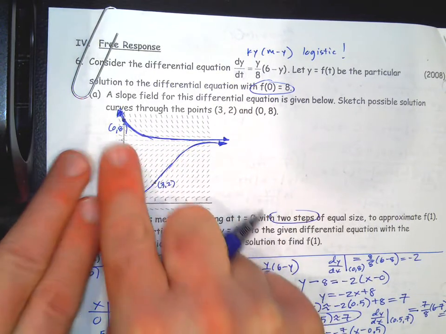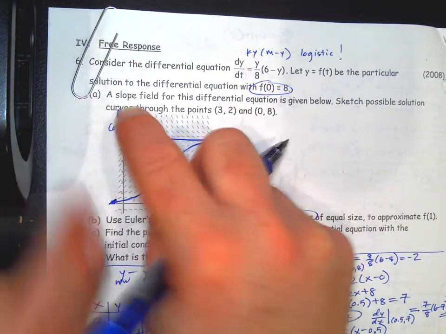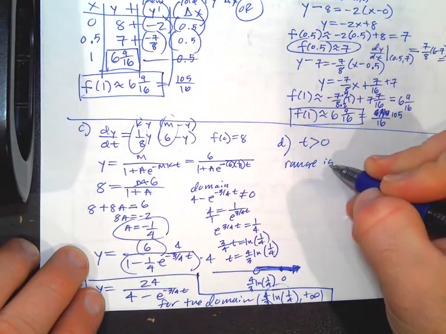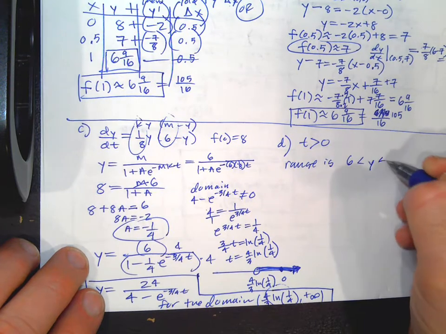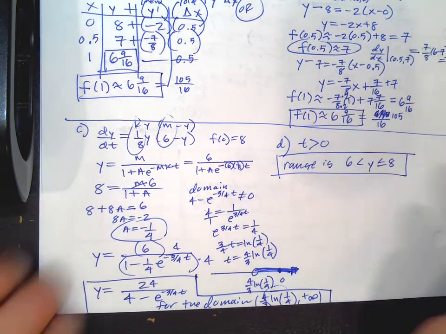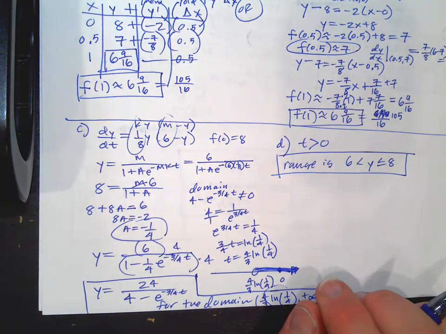Look at your sketch. This is it right there, 6 to 8. The range is 6 to 8, including 8, not including 6, because 6 is the horizontal asymptote. That's the easy way to go.